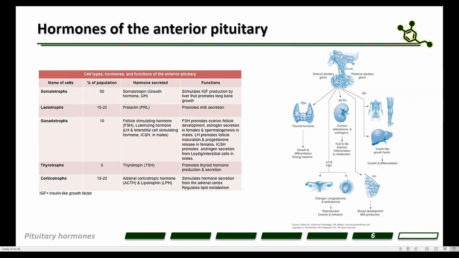So let's talk about hormones of the anterior pituitary. As we already mentioned, we have TSH, thyroid stimulating hormone, which acts on the thyroid gland to produce T3, T4. Then we also have gonadotropic hormones, LH and FSH.